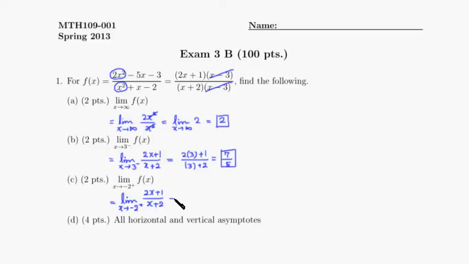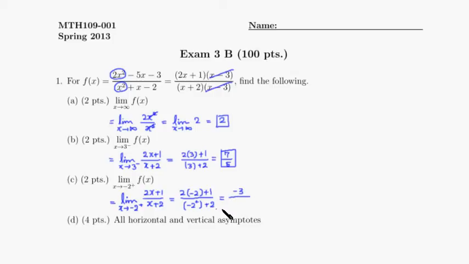So plug in: 2 times -2, plus 1, over -2 plus 2. This one you have to be careful with, because we're approaching from the positive side.